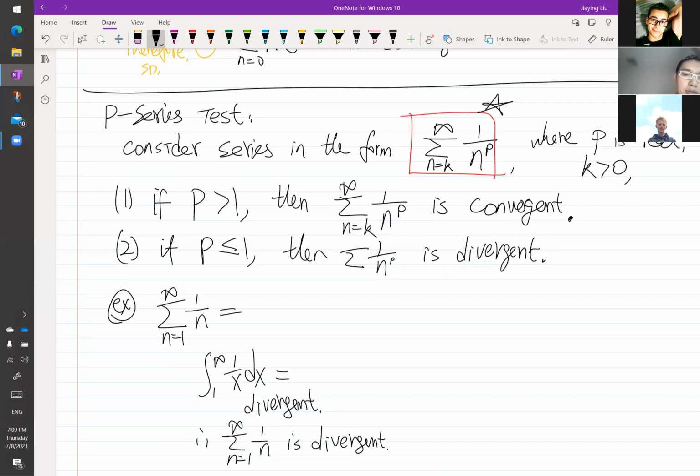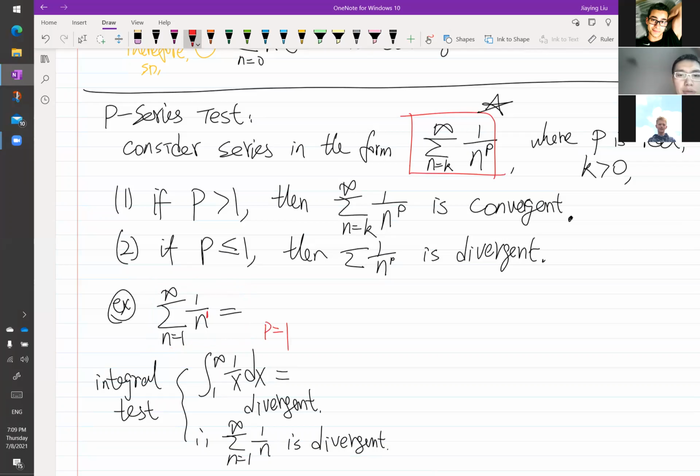But let's not use the integral test. Let's just use the P-series test. First of all, let's look at whether that series is in the correct form. It is, right? N equals 1, so k is positive. And 1 over n is in the form of 1 over n to the P, with P being 1 here.